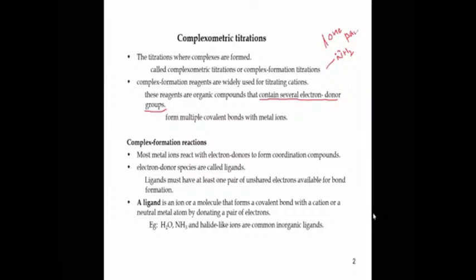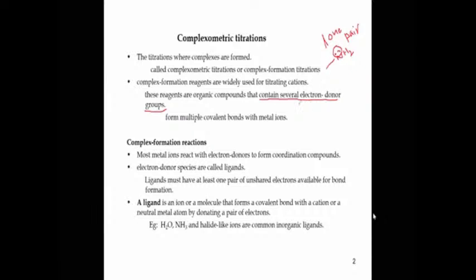Lone pair electrons, right? They are lonely there. So anyway, they are available to make some sort of bonds with the metal ions, right?